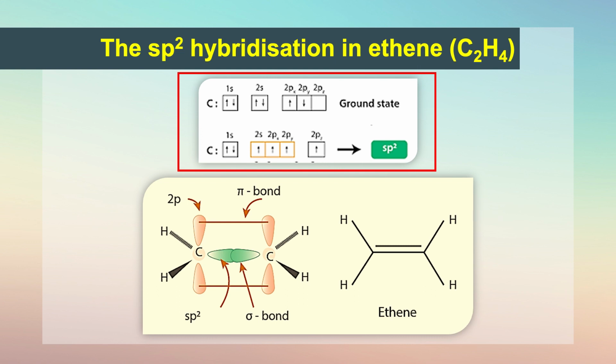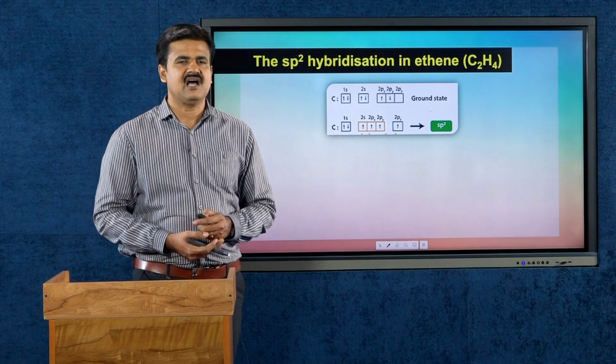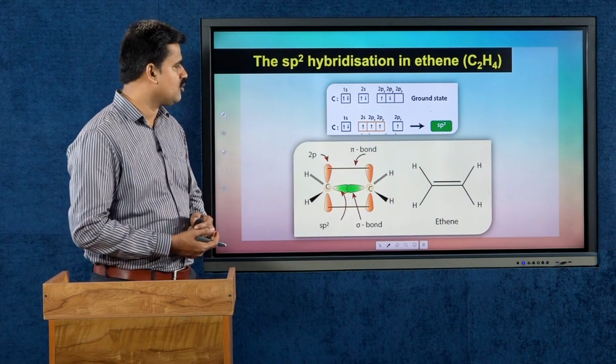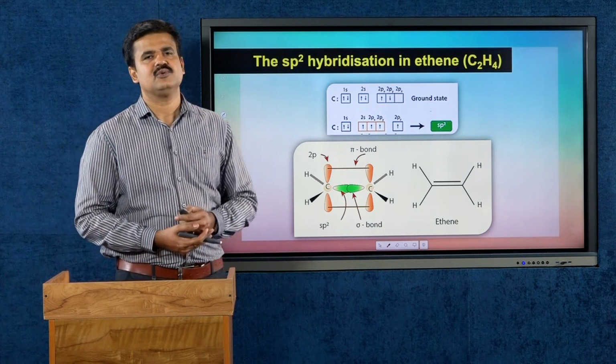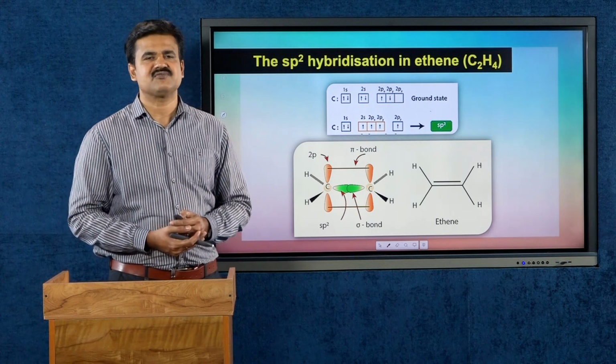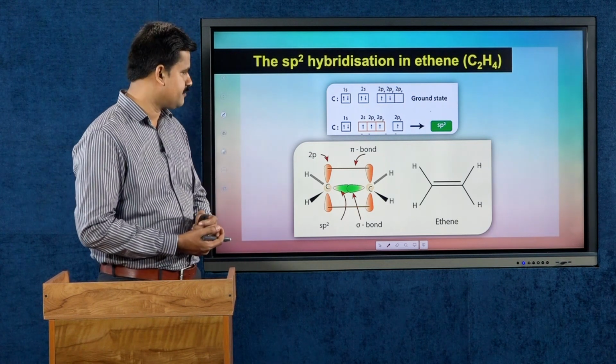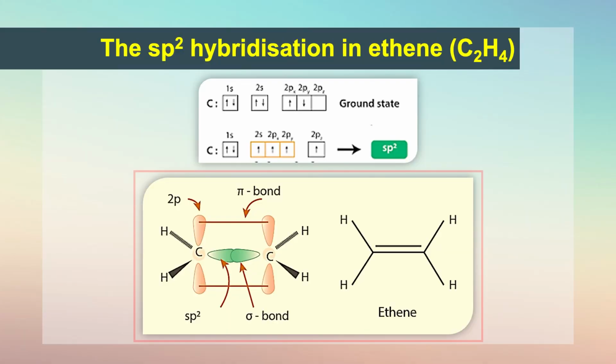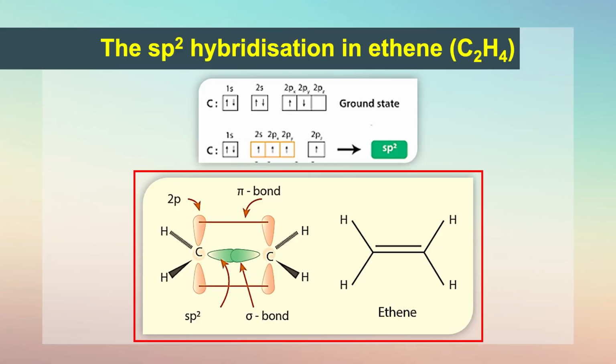Out of these, 1 half-filled s orbital and 2 half-filled p orbitals undergo hybridization to produce 3 sp2 hybrid orbitals, and these lead to the generation of the C2H4 molecule as depicted here. There are 3 sp2 hybrid orbitals on each carbon atom. Out of these 3 orbitals, one of them combines to form a carbon-carbon single bond.